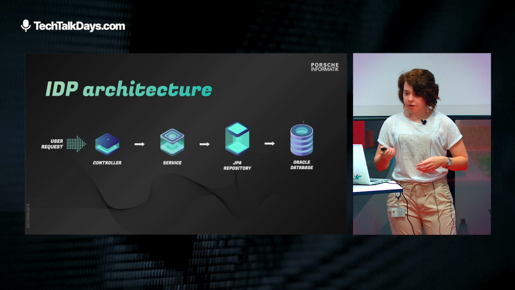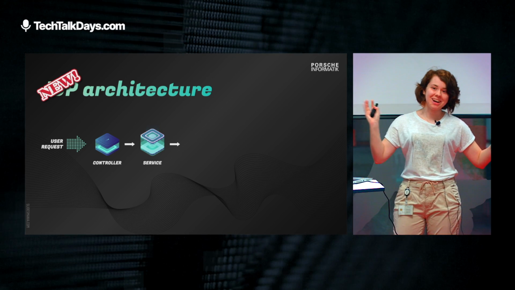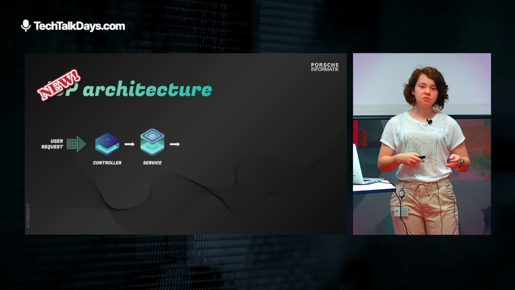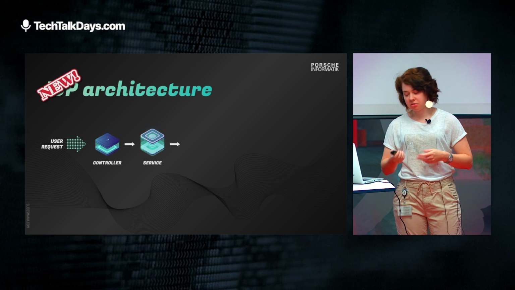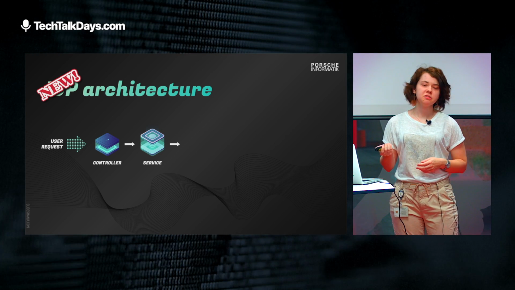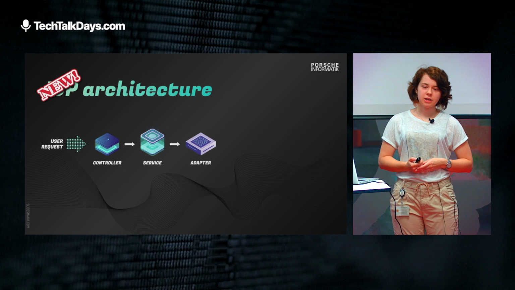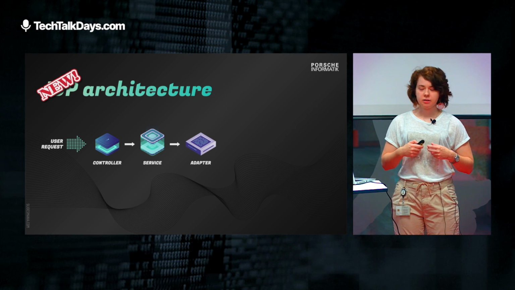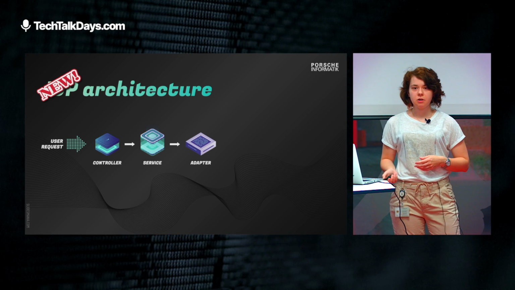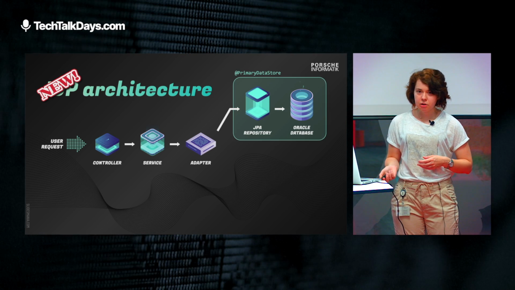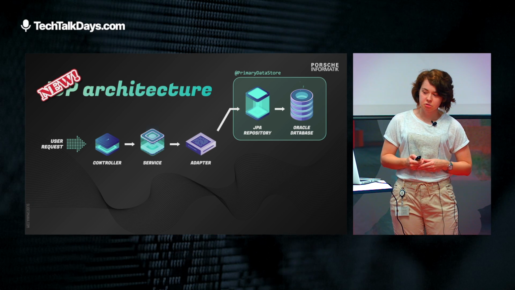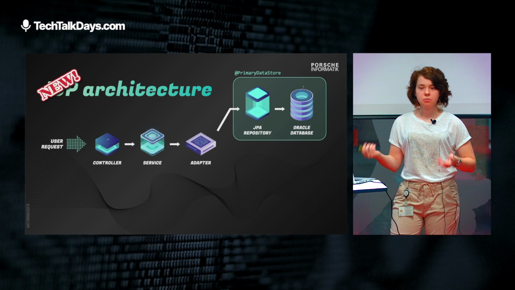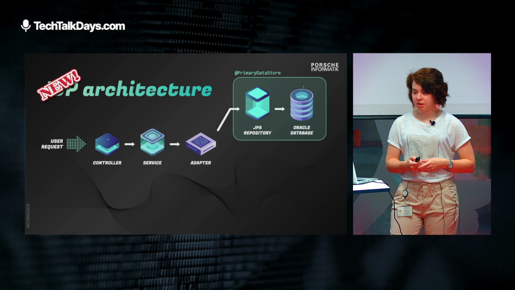So I present to you our new and revised IDP architecture. The first parts, as you see, are still the same. The user request comes to a controller, which goes to the service. And then we introduced a new component, which is a so-called adapter. And if everything works fine, if the database health check is positive, this adapter makes traffic flow to our primary data source, which is, just like before, the JPA repository and the primary, currently still Oracle database.